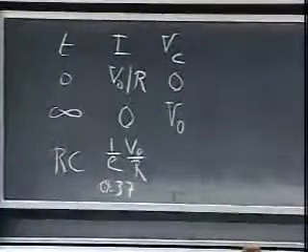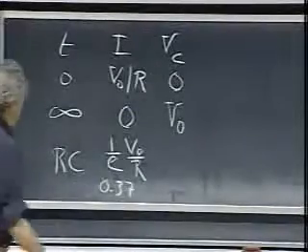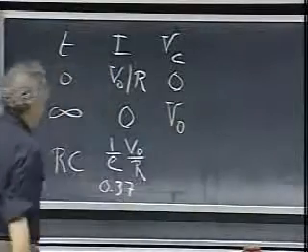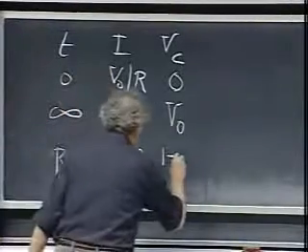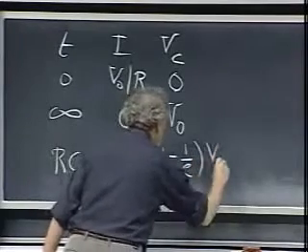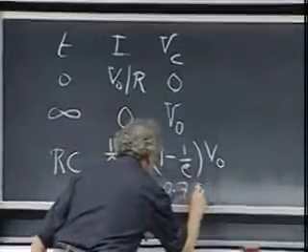So your current is down to 37% of what it was at the beginning. And after a time RC, the potential over the capacitor is 1 minus 1 over e times V0. And that is then about 0.63.